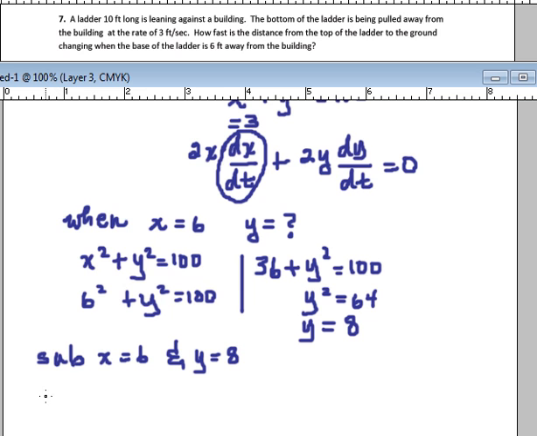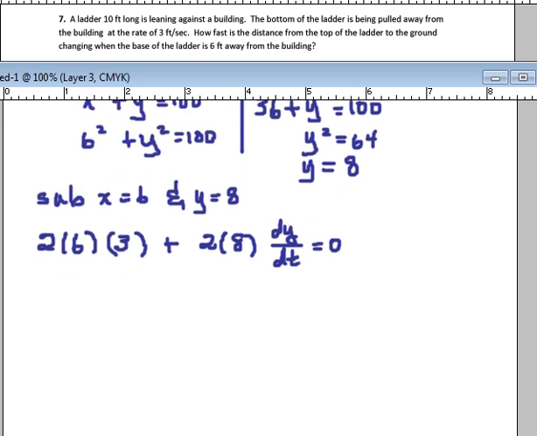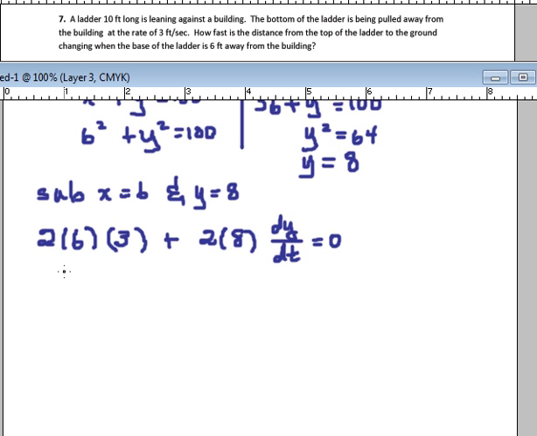So now we have 2x, that's 2 times 6, dx/dt, that's always 3, plus 2y, that's 2 times 8, dy/dt is equal to 0. So now we have everything in place for solving for dy/dt.